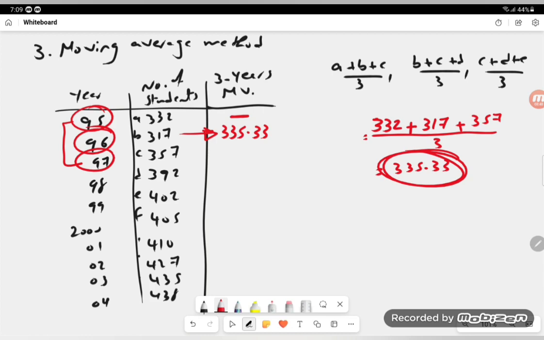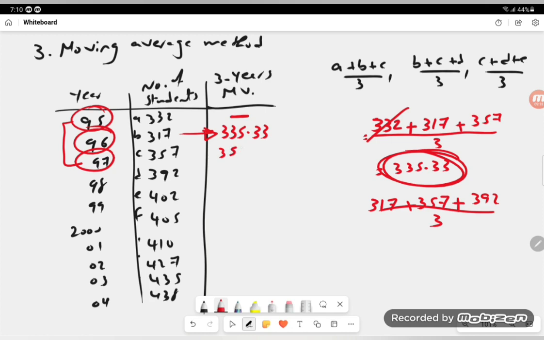Then we would like to calculate for the next group. It will be 317, we are going to omit 332, plus 357, plus 392 over 3. And it will be located in the middle between 96, 97, and 98, so it will be in front of 97.